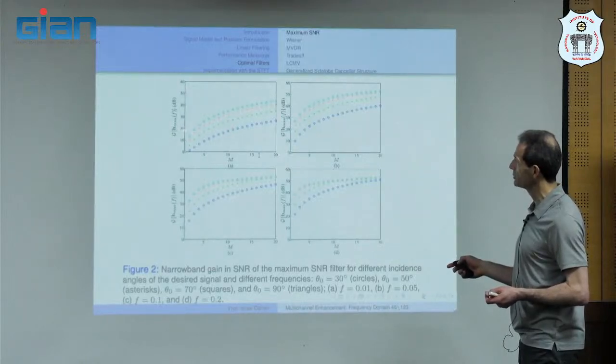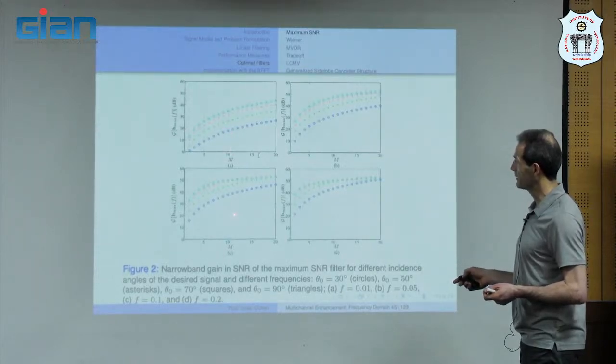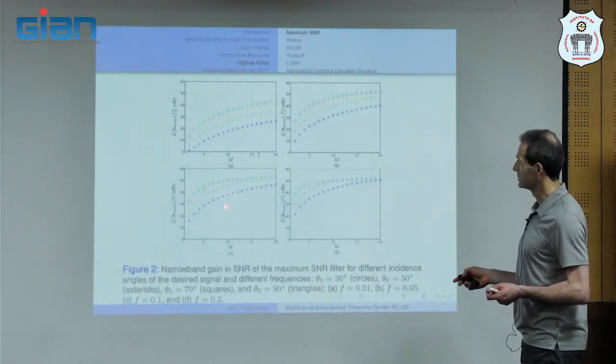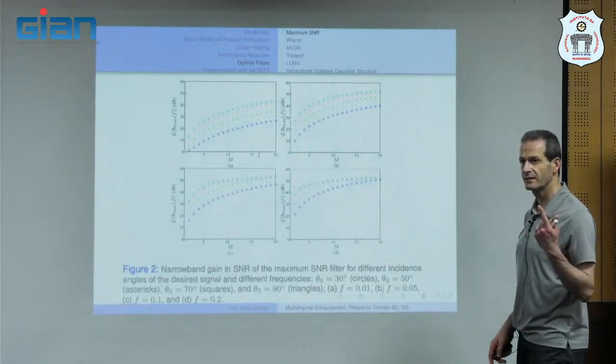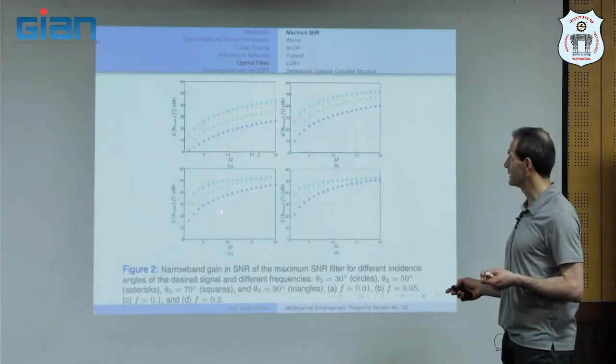You see? For low frequency, the gain in SNR will be something below 20 dB with 10 sensors. But for higher frequencies, with the same number of sensors, we can get almost 40 dB gain in SNR.